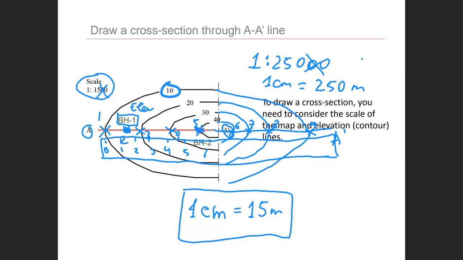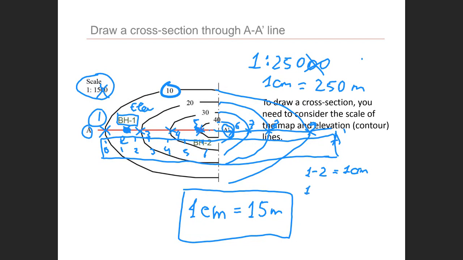And then what you do next is you start from the first point and you measure the distance from this first point to all next points. So for example, from point 1 to point 2, in this example, 1 centimeter. Maybe when you draw, it's going to be 1.5 or maybe 2 centimeters, but you just get it from this map.